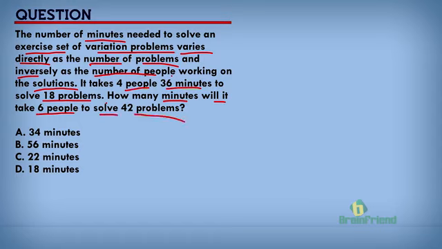So again, read your question carefully and try to find out what kind of variation question this is. It says varies directly and at the same time inversely. So we have what? A combined variation. And how do we write that out?